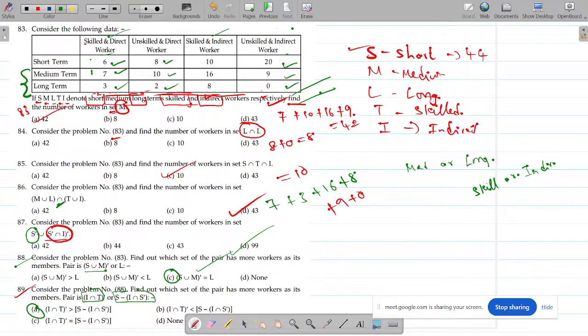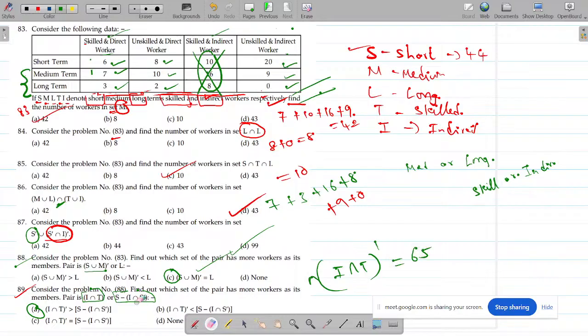What's the total? It's 99 minus these three values. We should not add everything. This total is 99, right? 99 minus 10 minus 6. So I don't want this one, right? So it's 99 minus 10 minus 16 minus 8. 65. So n of (I intersection T)' is 65.